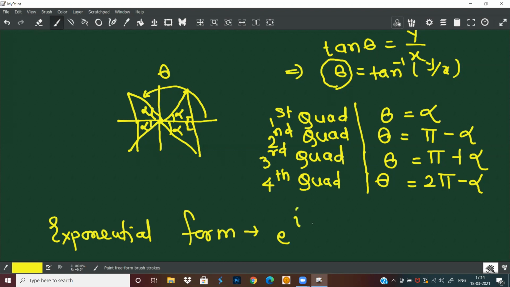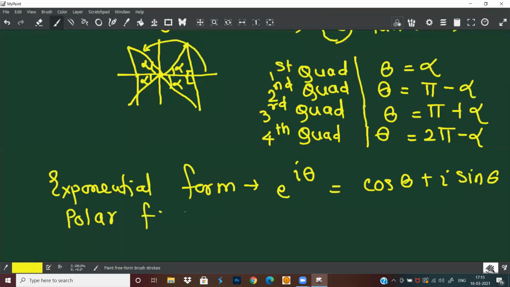It is e raised to i theta. ये part लिया है किसी ने? Polar form, standard form में लिख देती हूँ.